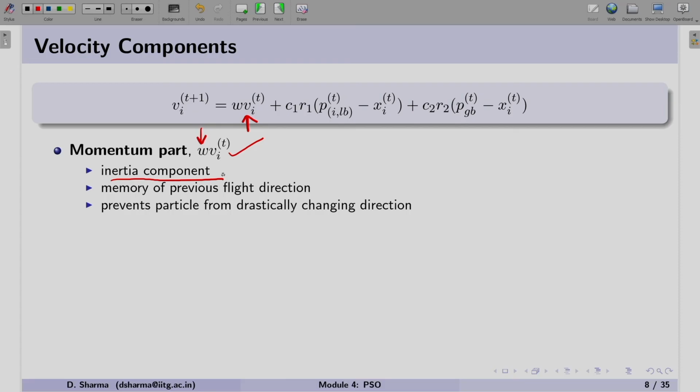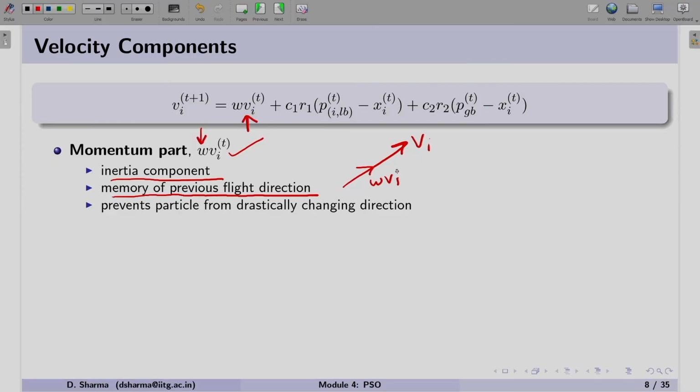Now, while we are including this omega vit, it says that it has the memory of the previous flight direction. As we know, suppose we have a vector say vi, and I multiply omega vi, both of them have the same direction. Omega will tell whether the vector is to be shortened or elongated.